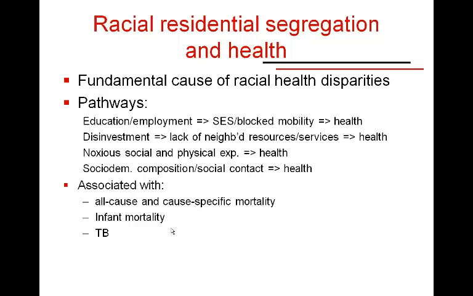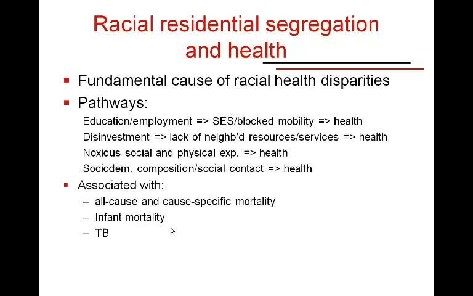Also there are different kinds of noxious elements or exposures in a particular neighborhood because of social disadvantage that can be both social and physical. Social things like crime even, and physical could be things like noxious exposures in the community that could be linked to asthma and so forth.